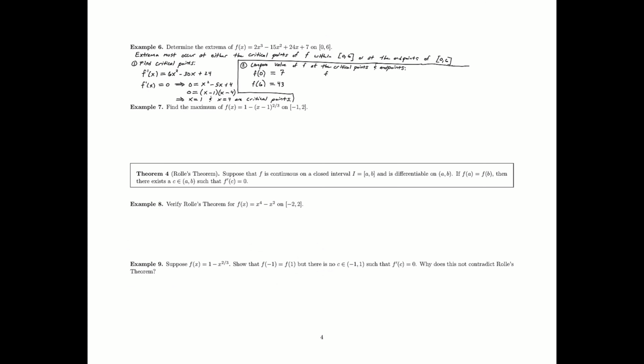And then f of 1 is 18, and f of 4 is negative 9. So clearly, 43 is the maximum, and negative 9 is the minimum.